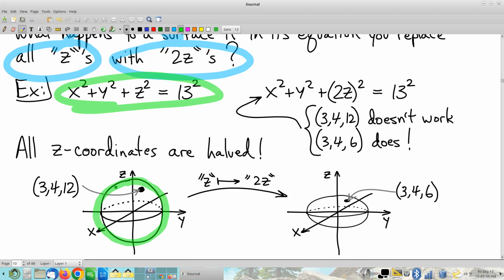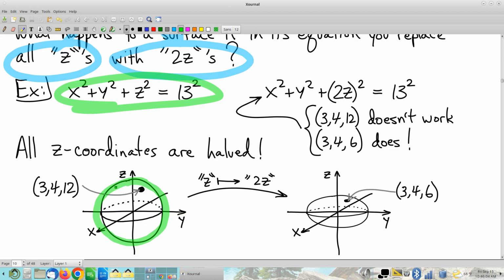I could view this as rho squared equals 13 squared, and thus I have a sphere of radius 13. Spherical coordinates coming in handy. I could also make any of three different rotational symmetry arguments here, notice. I could argue that the x and y appear only in the special form, and so on. So either way, pick your argument. This is a sphere of radius 13.